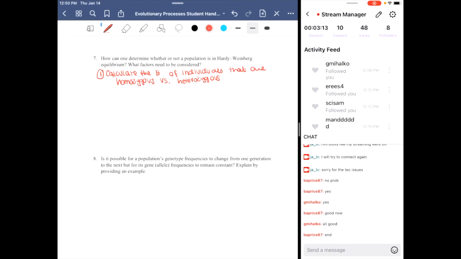So it would be to compare the calculated genotype frequencies with Hardy-Weinberg ratios.